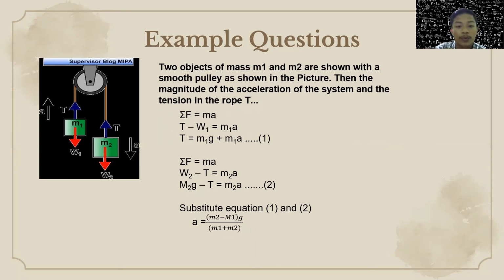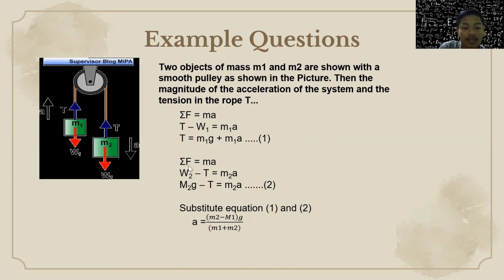T minus W1 equals mass 1 times acceleration. W is weight. T equals m1g plus m1a. This is equation 1.